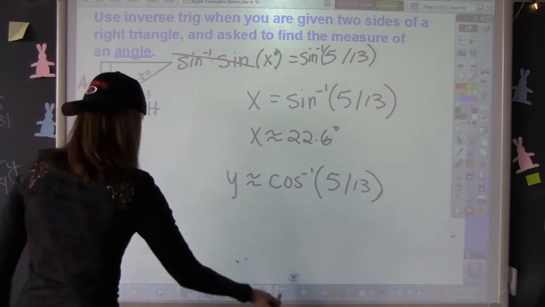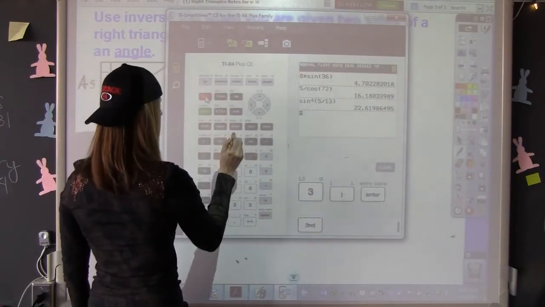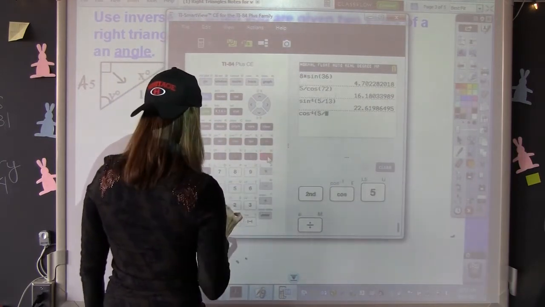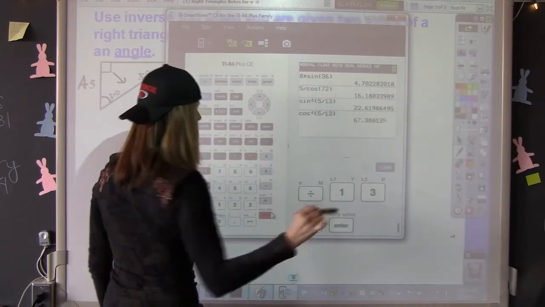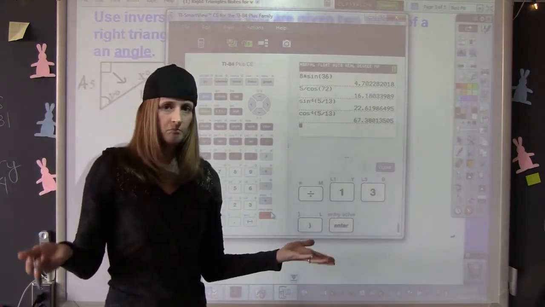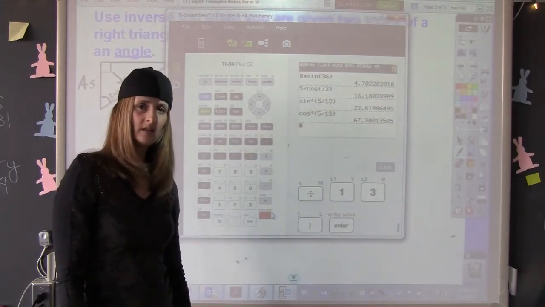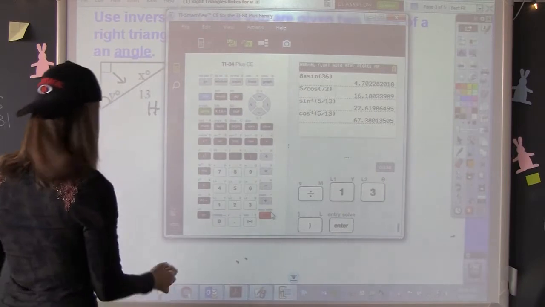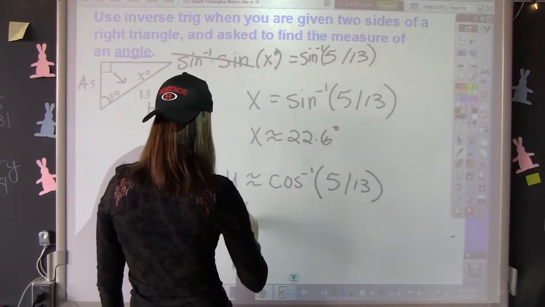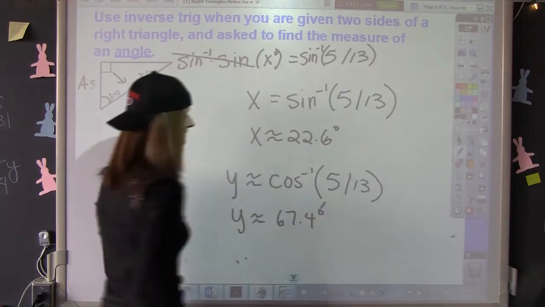So, inverse cosine, 5 divided by 13, close parentheses, enter. 67.4. That makes perfect sense because if you add those two numbers, they add up to about 90. So that's about right. So y is approximately 67.4 degrees.